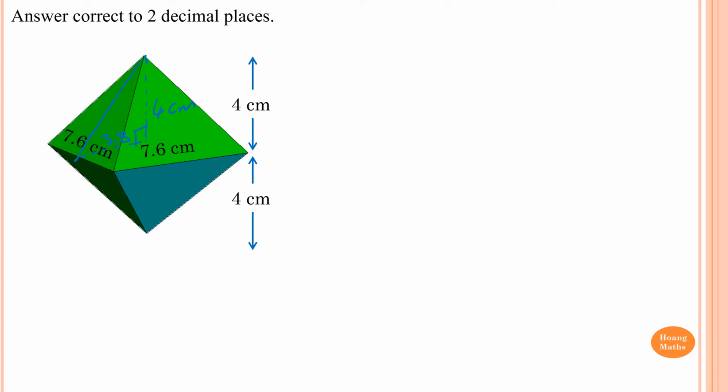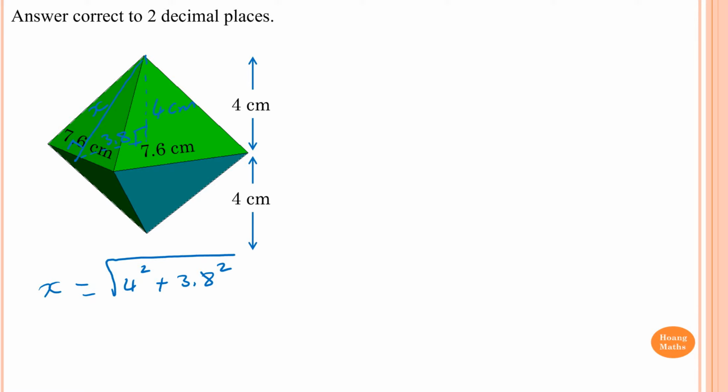So that's what we have there. And then we just find the value of x. We know that this is a right angle triangle here. So x is the hypotenuse, so we do 4 squared plus 3.8 squared and square root of that.